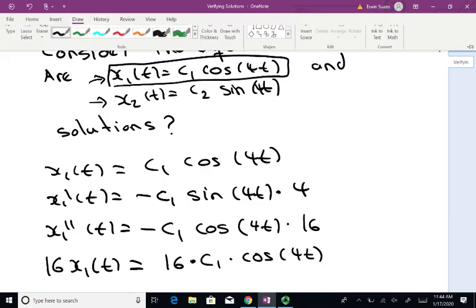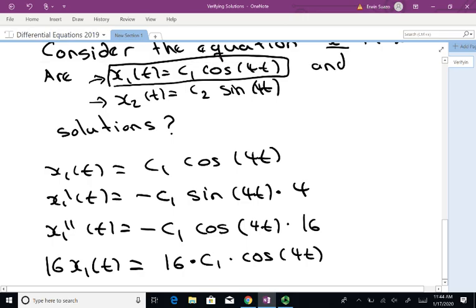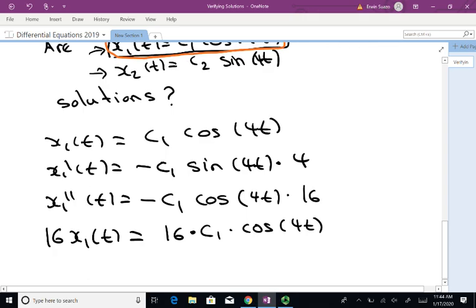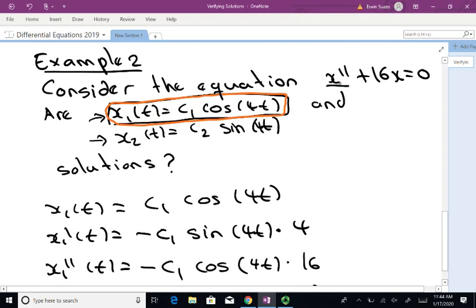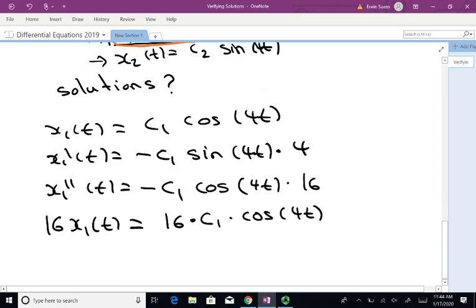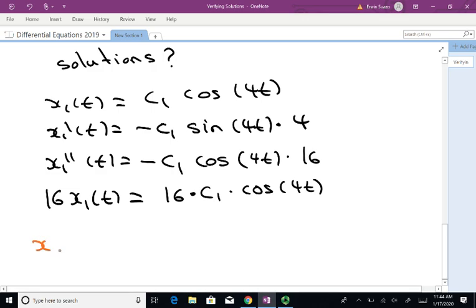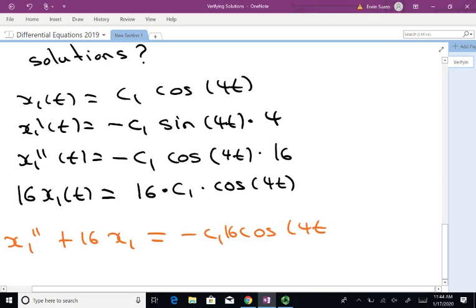So the equation is x second prime plus 16x equals 0. So let's check that. x1 second prime plus 16x1, what do I get? I got minus c1 16 cosine 4t plus, I can reorganize it, right?